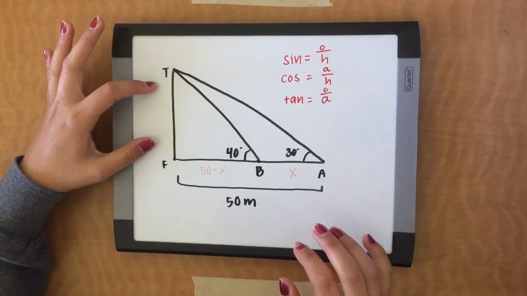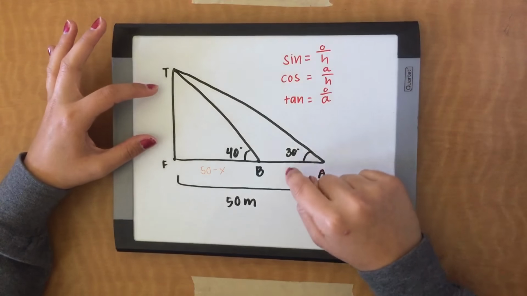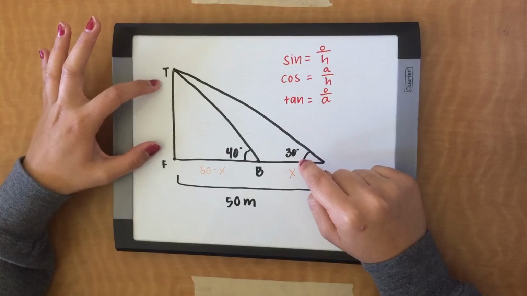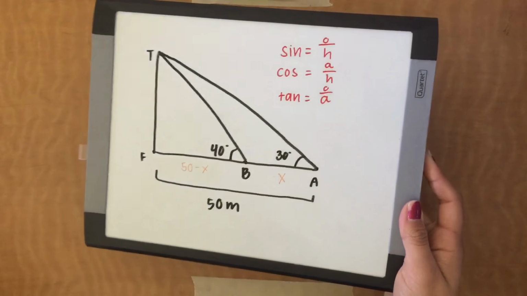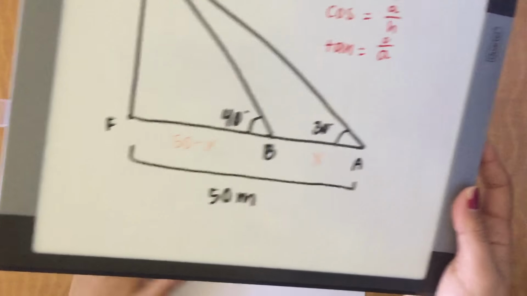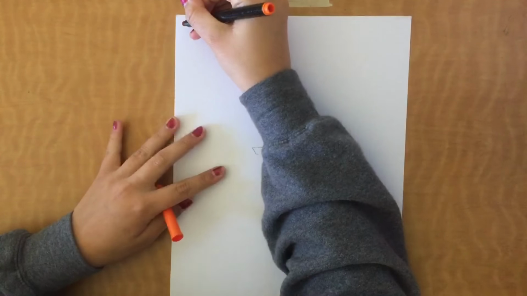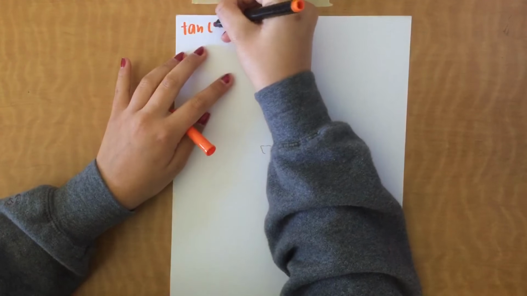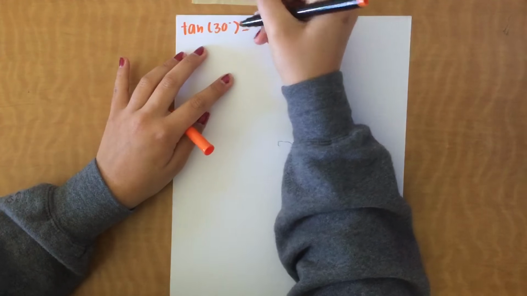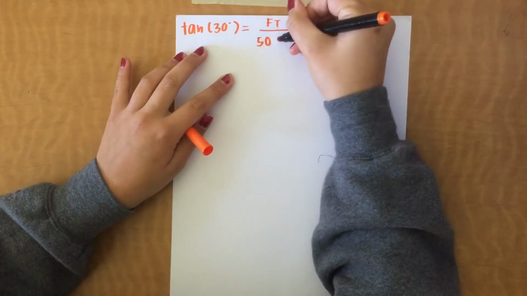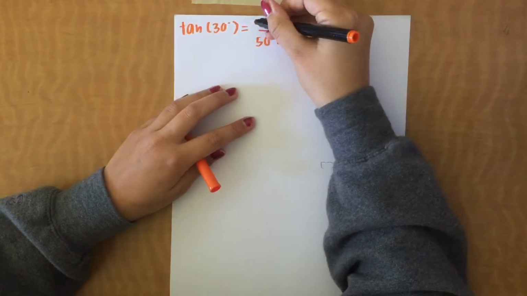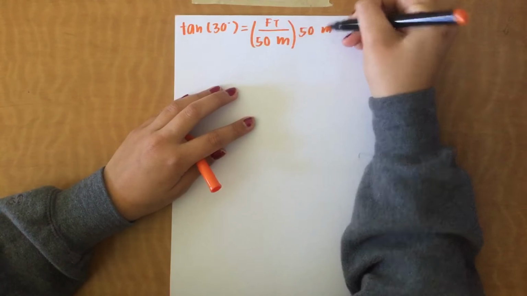So we can easily figure that out if we use tangent. Tangent of 30 equals FT over 50 meters. So let's get that started. Tangent of 30 degrees equals FT over 50 meters. All we have to do now is multiply each side by 50 meters.